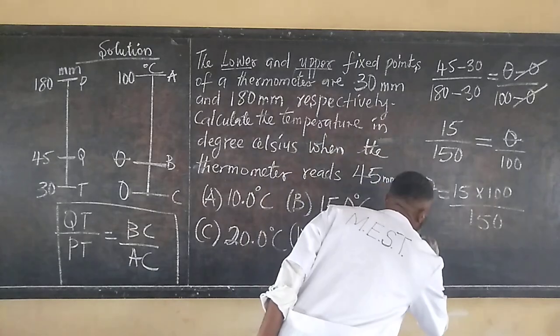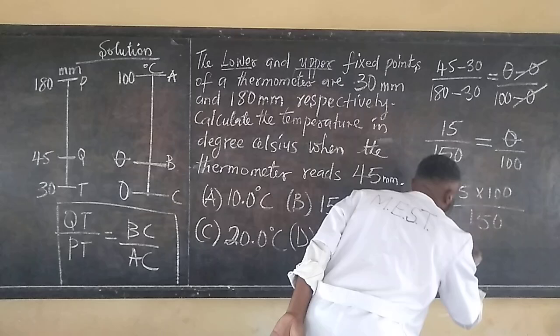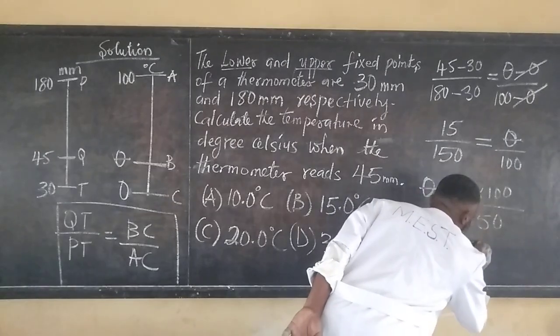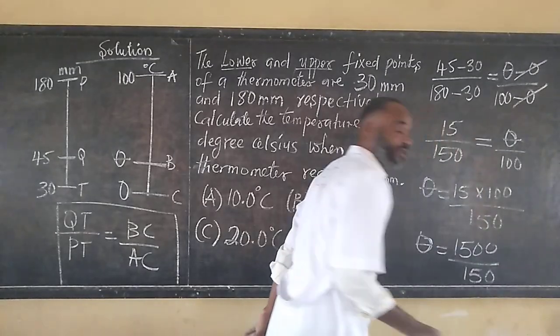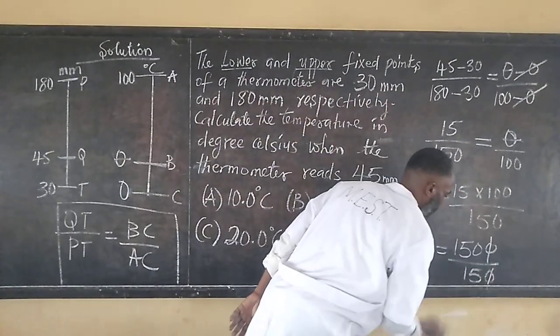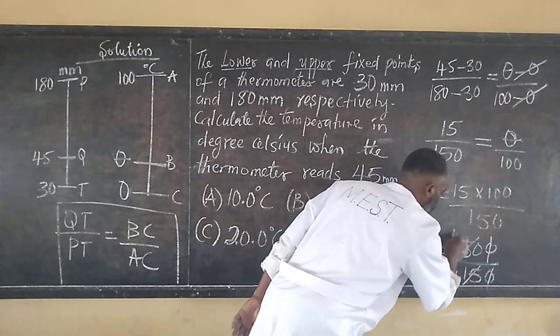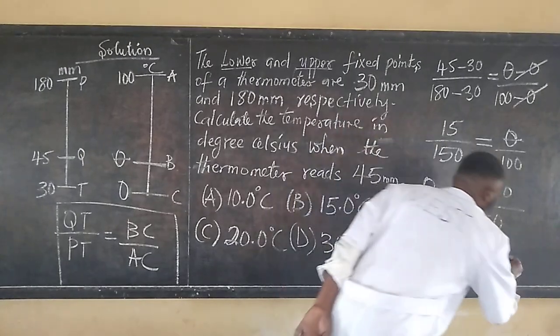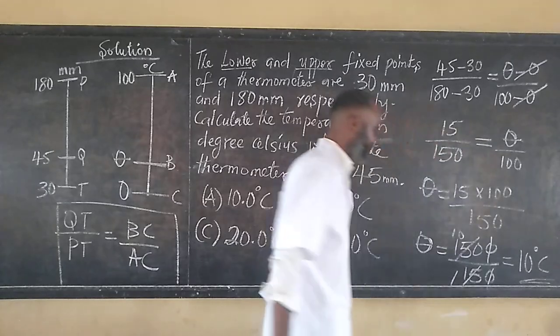So theta is equal to 15 times 100 is 1,500, all over 150. Cancel 0 here. This is 15. 15 into 150 is 10. This is equal to 10 degrees Celsius.